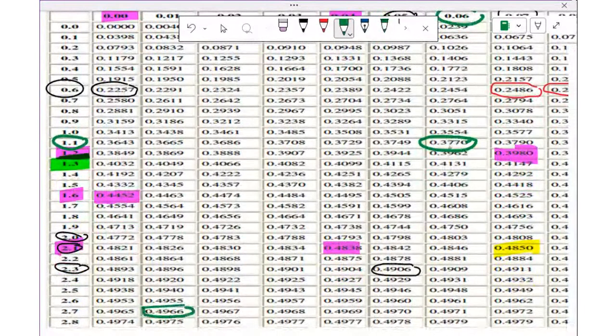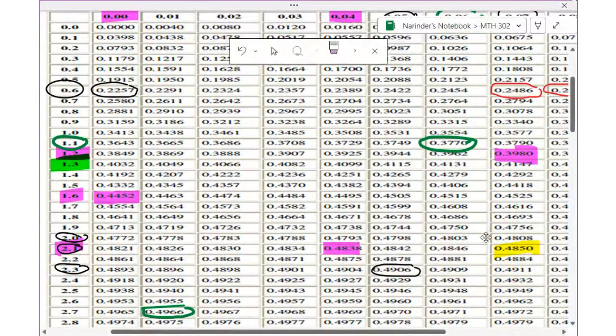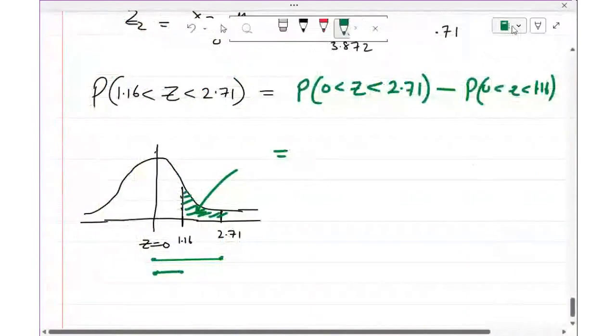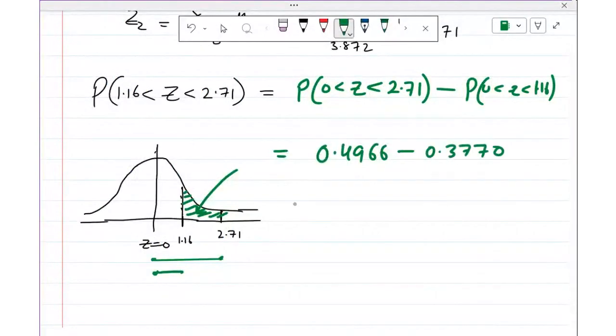So 0.4966 minus 0.3770, so you will get the answer. So the answer is 0.1196.